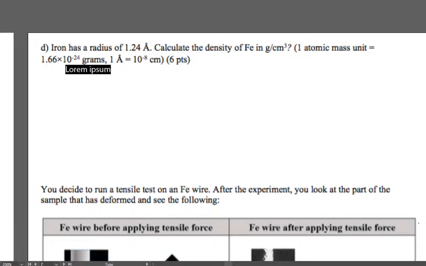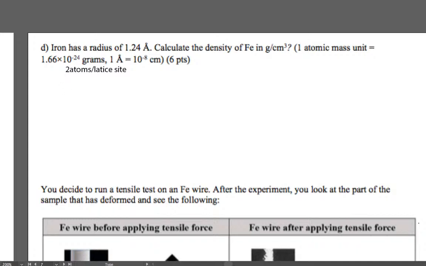First things first, we know that for a BCC structure iron, you would have two atoms per lattice. Wait, really? 1, 2, 3, 4, 5, 6. Yeah, so you have two atoms.